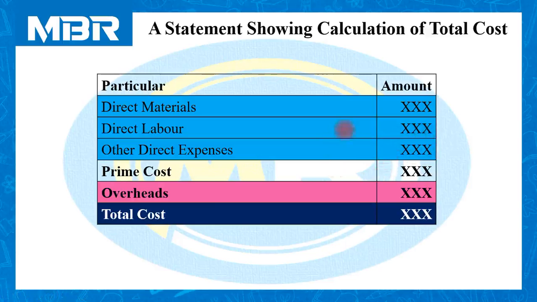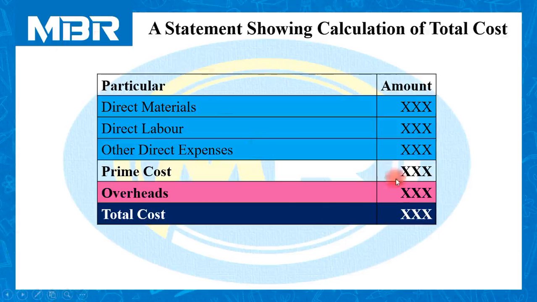Total of all direct expenses is defined as prime cost or direct cost. Direct cost is traceable cost because it is directly related to production. On this prime cost, we need to absorb, recover or charge overheads.